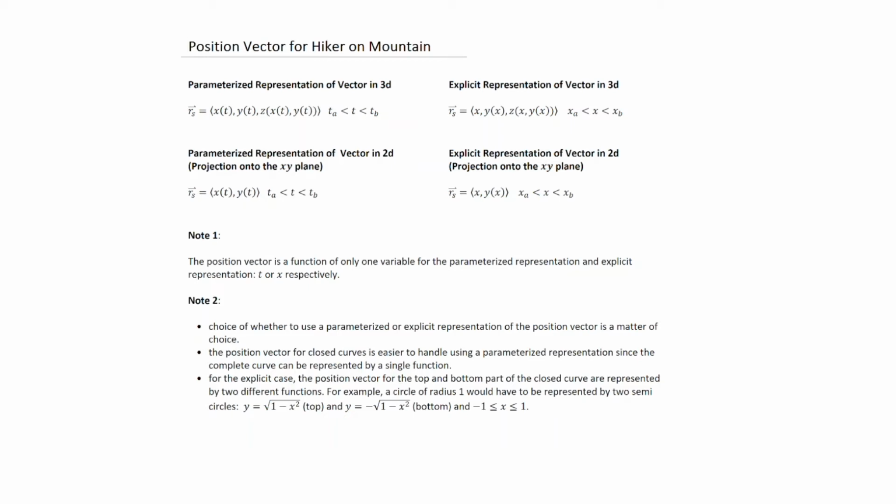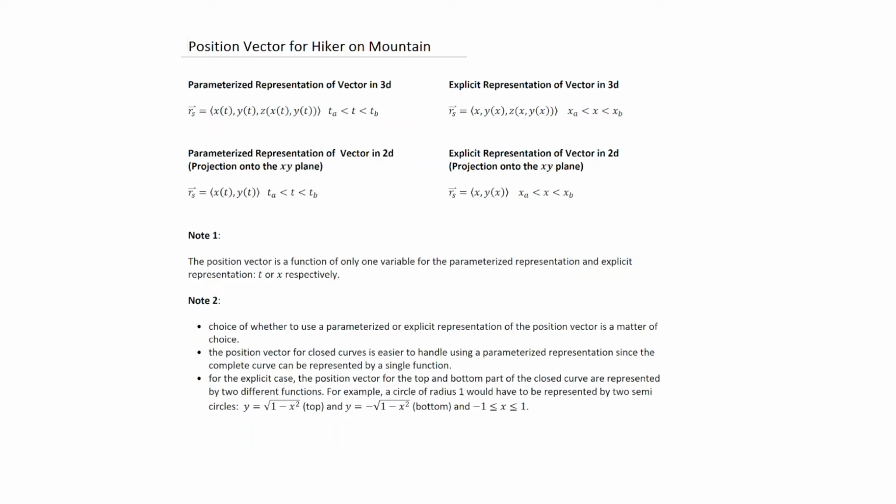In a parameterized representation of a vector in 3D, the x, y, and z components are all functions of some variable t. Because there's a surface, z is a function of x and y, but x and y are functions of t. So effectively, there's only one variable defining the position that the hiker takes in walking up and down a mountainside.